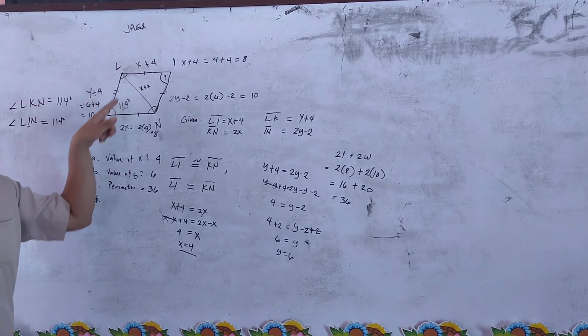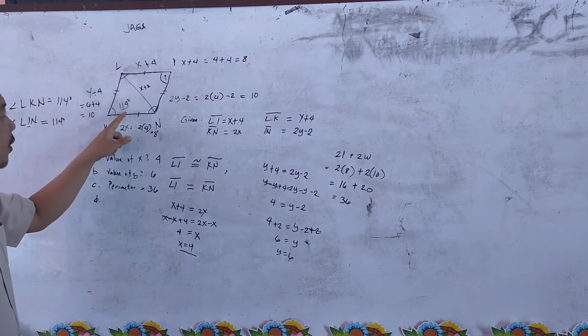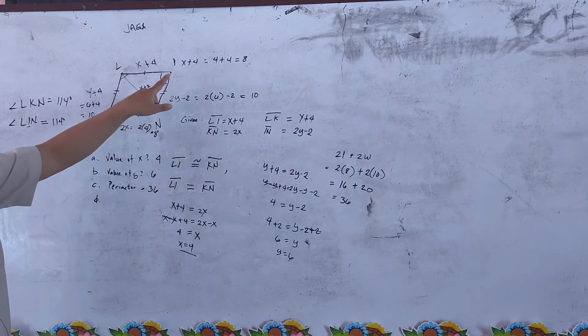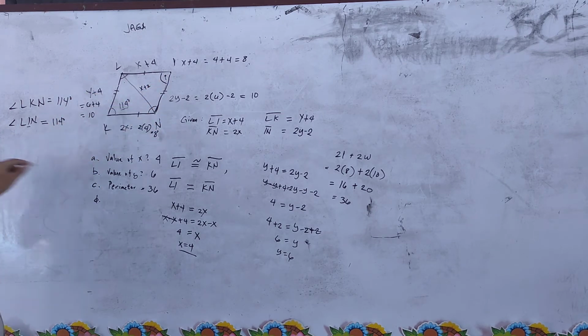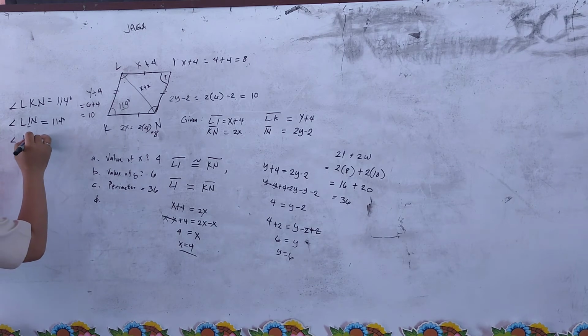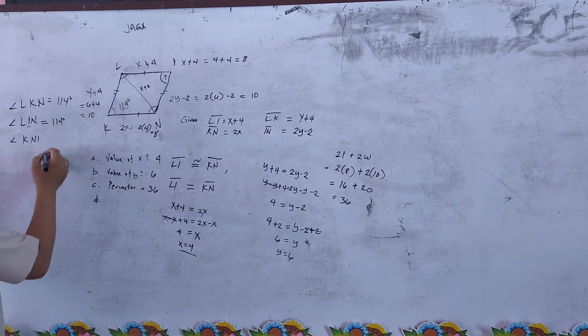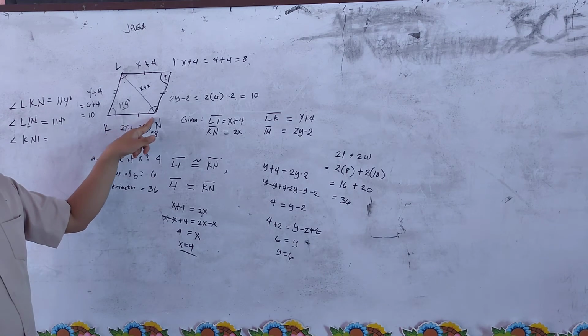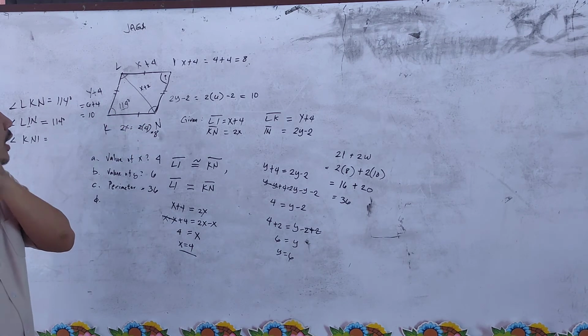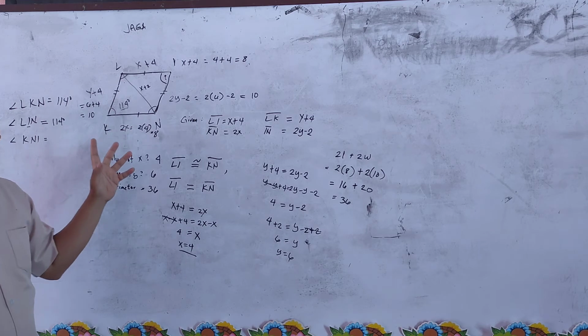Kasi magkatapat sila. Pero kung katabi, let's say, KNI, angle KNI. This is supplementary angle with this one. So, ang total niya ay 180.